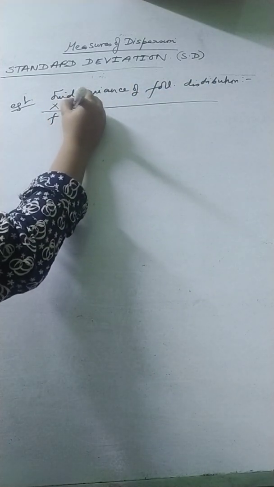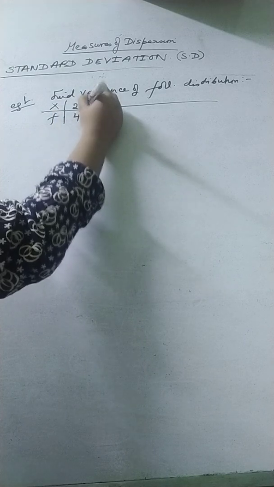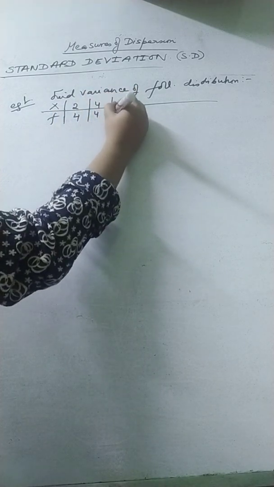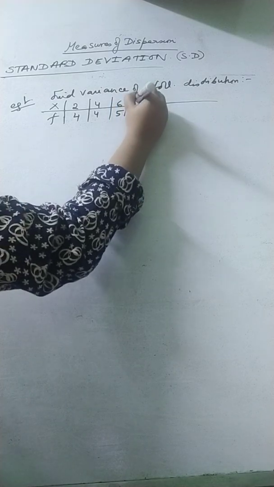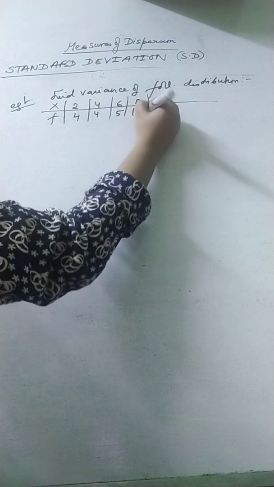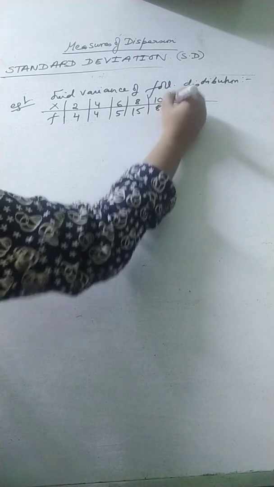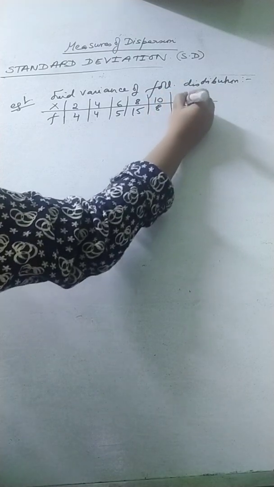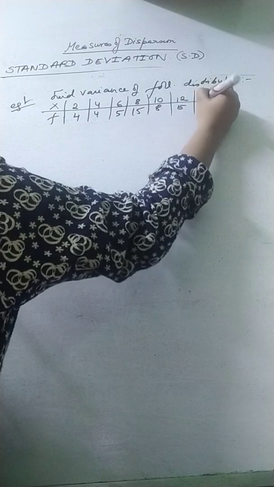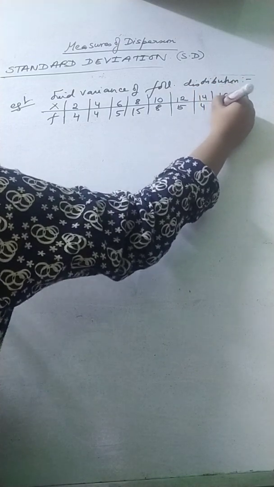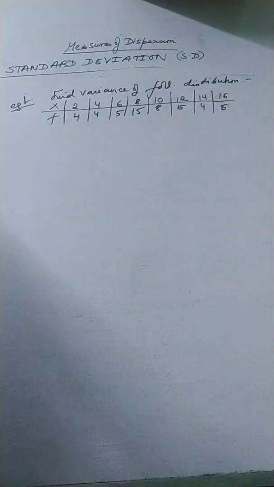That is, for 2 it is 4, for 4 it is 4, for 6 it is 5, for 8 it is 15, for 10 it is 8, for 12 it is 5, for 14 it is 4, and for 16 it is 5. This is what is given. You have been asked to find the variance.